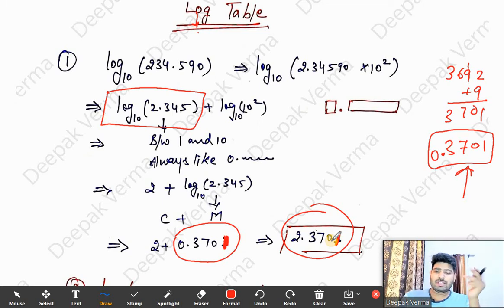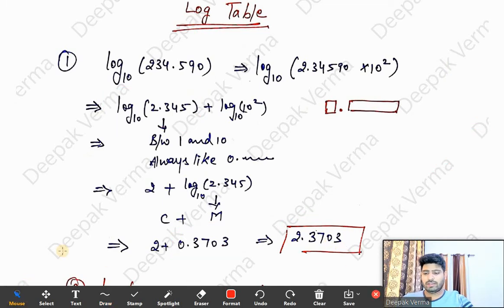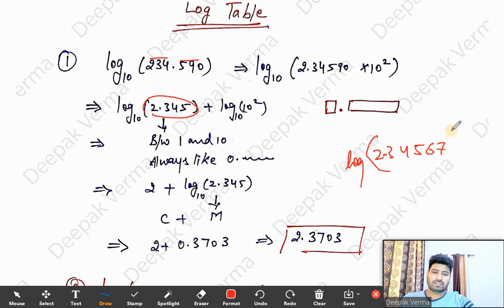So this is how we use the log table to find the logarithm of any number. Got it? We require only 4 digits. If we have more than 4 digits, like 2, 3, 4, 5, 4, 5, 6, 7, and we have to find the logarithm of this number, we require only the first 4 digits.